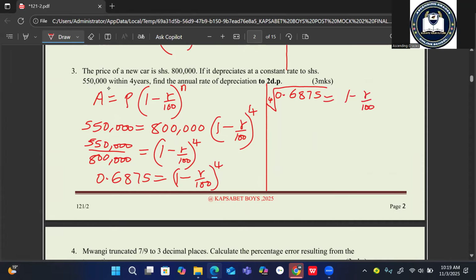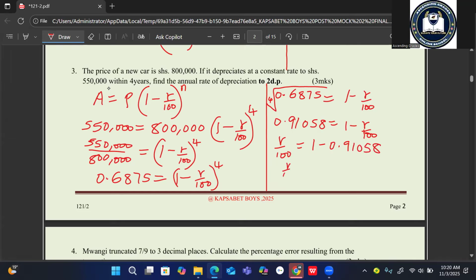So the fourth root of 0.6875 is 0.91058 is equal to 1 minus r over 100. So r over 100, we may take r over 100 on this side should be equal to 1 minus 0.91058.